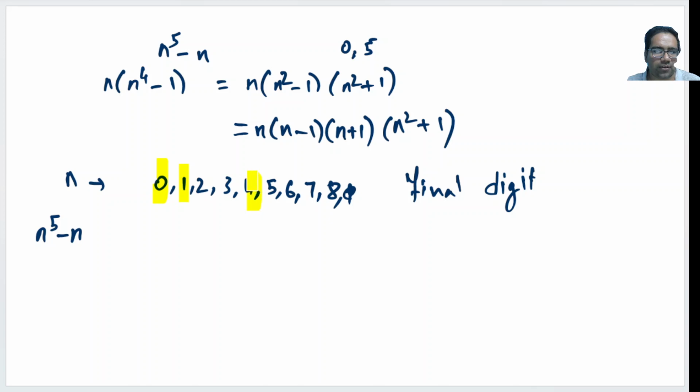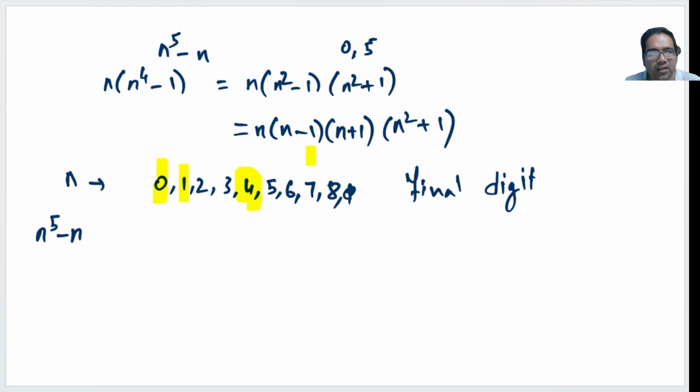Because if n is a number ending in 4, n plus 1 will end in 5. So, the product of all of this will be ending in either 5 or 0, depending on the remaining ones. If the multiplication of the remaining ones is odd, then this number will end in 5, otherwise it will end in 0.